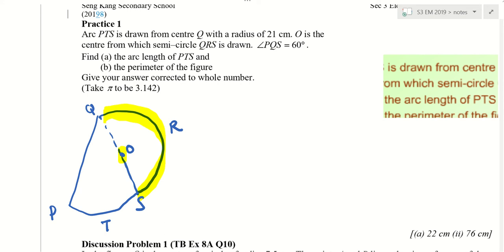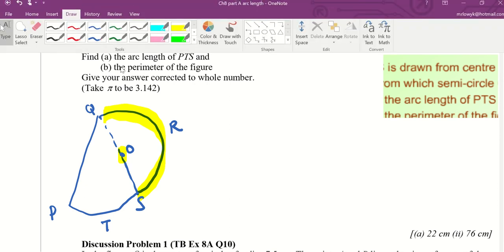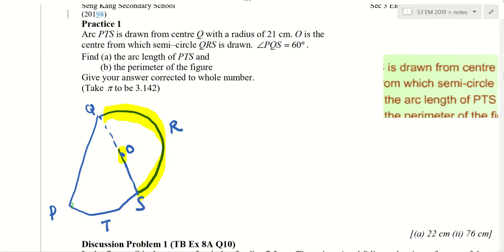Stop. Another color. What about PTS? Is it still center O? No. Where's the center? Center is Q. So later on when you use the radius, where's the radius? The radius is actually PQ. Do you follow?